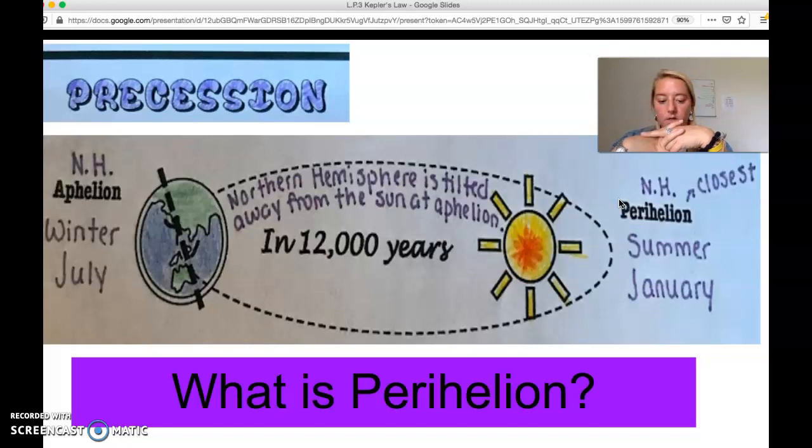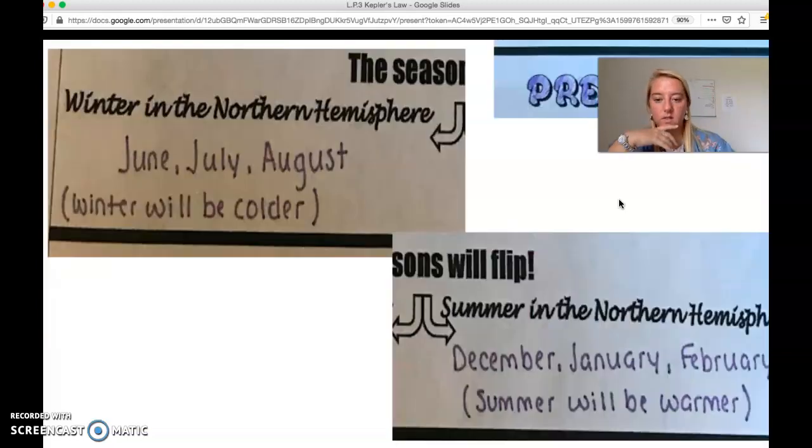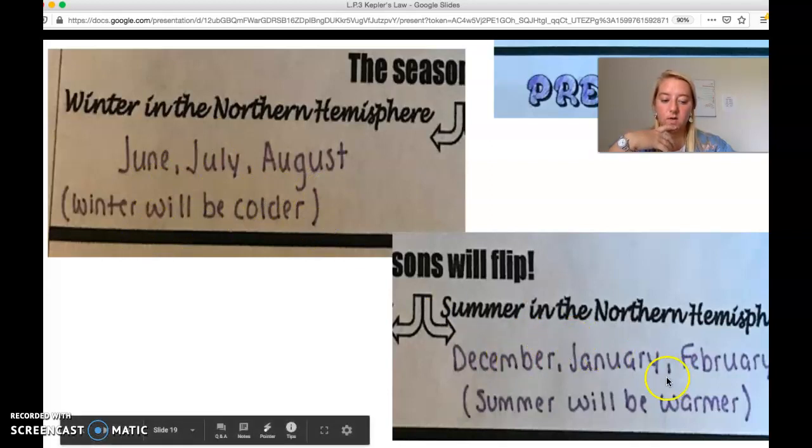Just a reminder that perihelion is when the planet is closest to the sun, and when the planet is closest to the sun, it moves the fastest. So our result of precession is that the seasons flipped. Winter in the northern hemisphere would be June, July, and August, and winter would also be colder. And summer in the northern hemisphere would be December, January, and February, and summer would also be warmer.